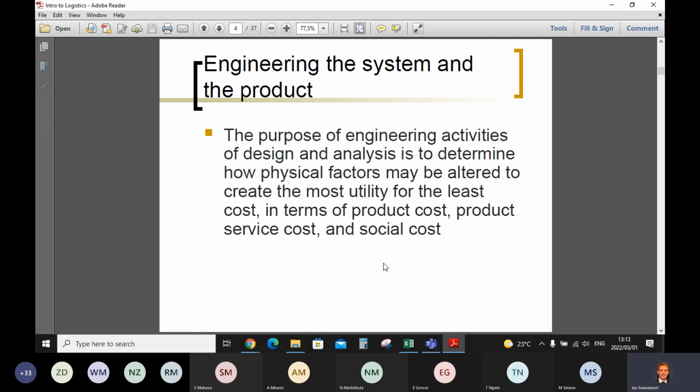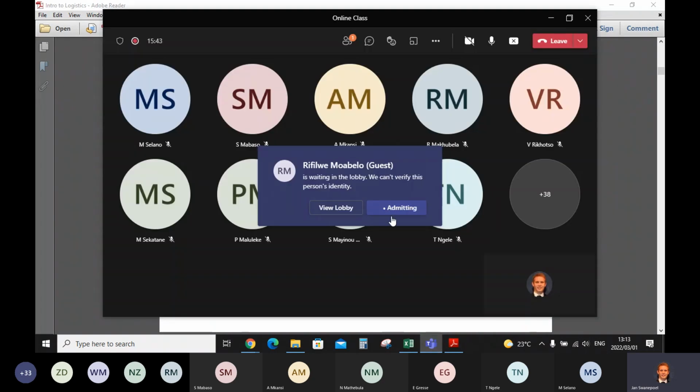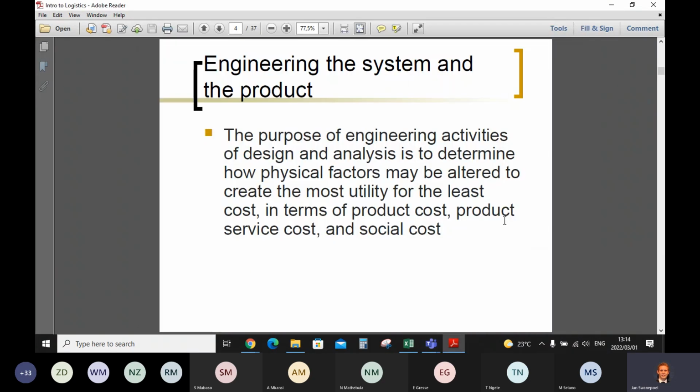So the purpose of engineering activities of design and analysis is to determine how physical factors may be altered to create the most utility for the least cost in terms of product cost, product service cost, and social cost. So I'm going to talk about that a little bit using our examples. So I've got two examples at the end where we're going to say, okay, product cost, product service cost, and social cost.